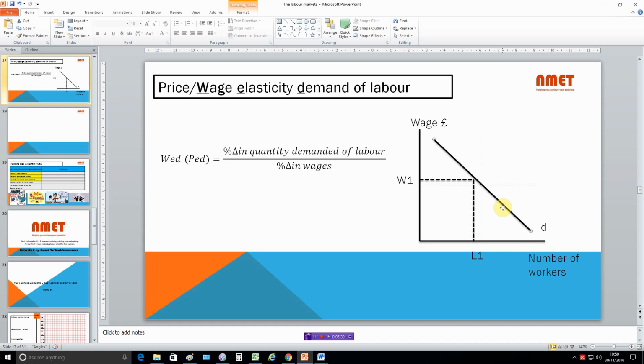What we've got to understand is this demand curve can actually shift to the right and left. There are factors that can cause it to shift to the right and factors that can cause it to shift to the left, while the wage is the same.